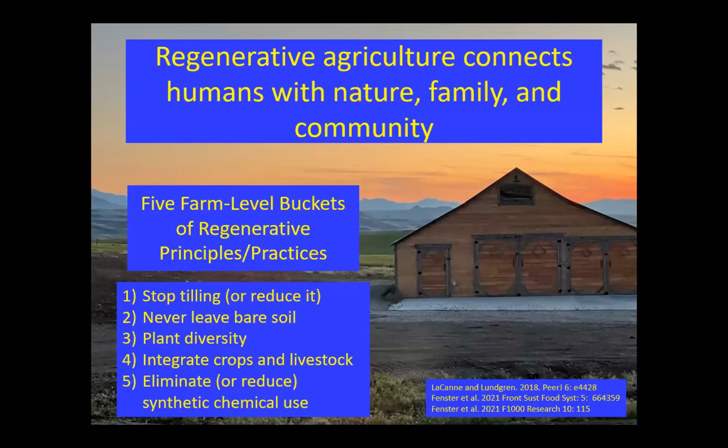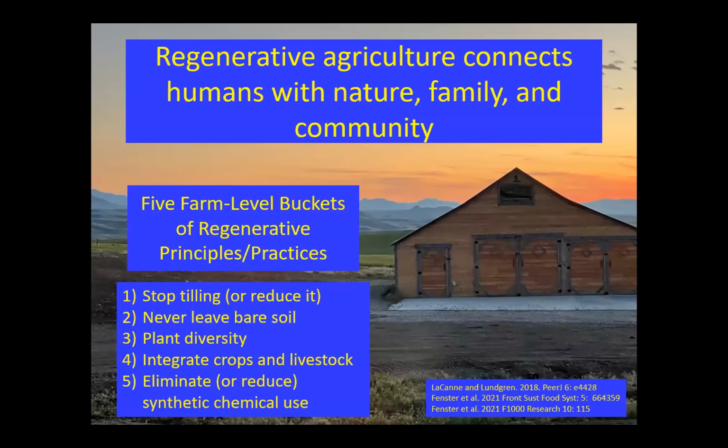These universal principles, okay? So first off, these farms that are regenerative often and usually stop tilling. They stop soil disturbance. And then they cover that soil. They cover it with plants, all right? And those plants, the more diversity in that plant community, the better. This is another principle that we tend to see.